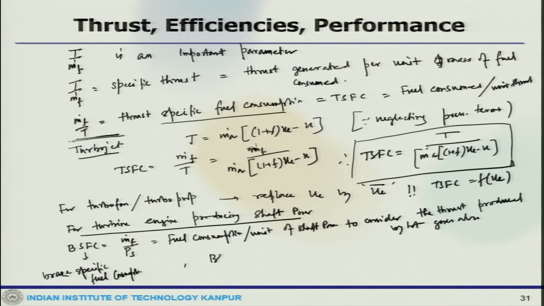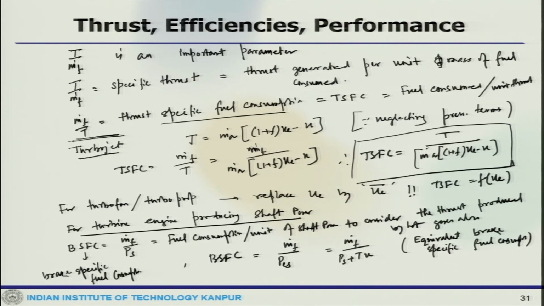So, we write the equivalent BSFC as m dot by P E s, which is equivalent shaft power. That would be m dot F by (P s plus T u). So, this is the equivalent brake specific fuel consumption.